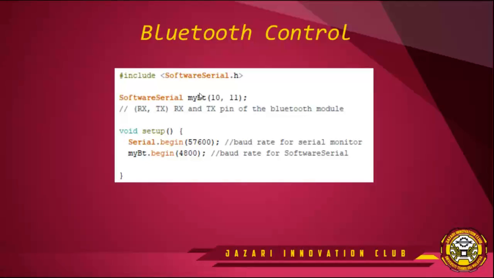And then this name is up to you. Okay, and the pin here needs to connect to RX of your Bluetooth module HC05, and this 11 needs to connect to the TX pin of your Bluetooth module.